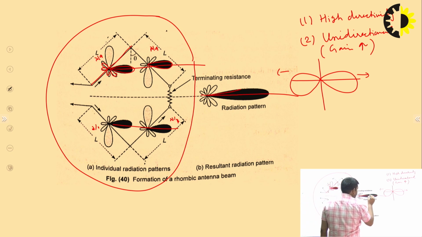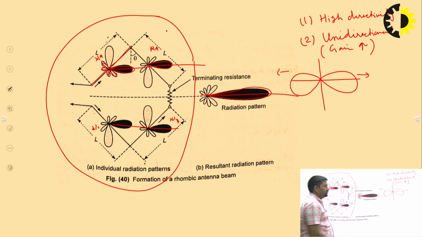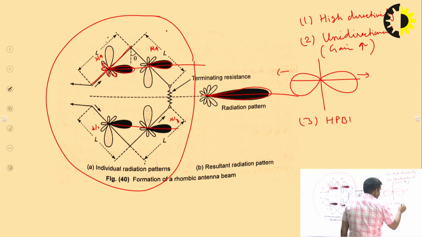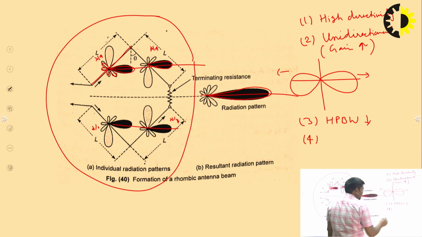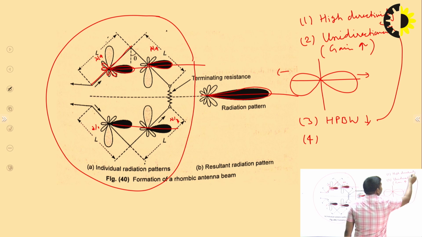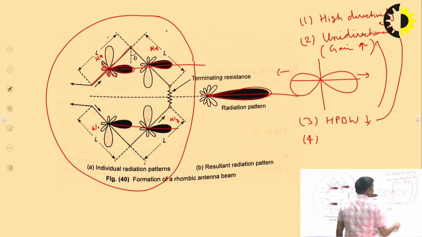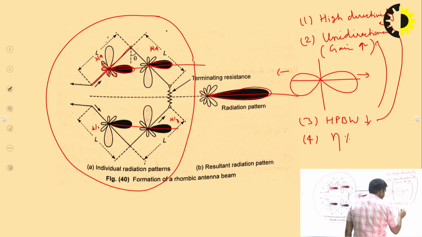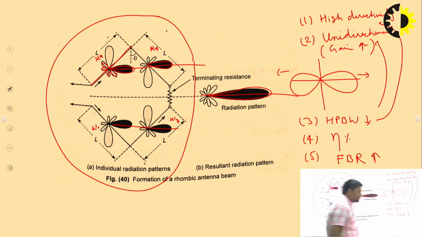We can say the half power beamwidth is reduced, which increases the directivity or gain, and the efficiency also improves. The front to back ratio, FBR, is also high, because no back lobe occurs in the opposite direction. You can see that in this direction no power is wasted.